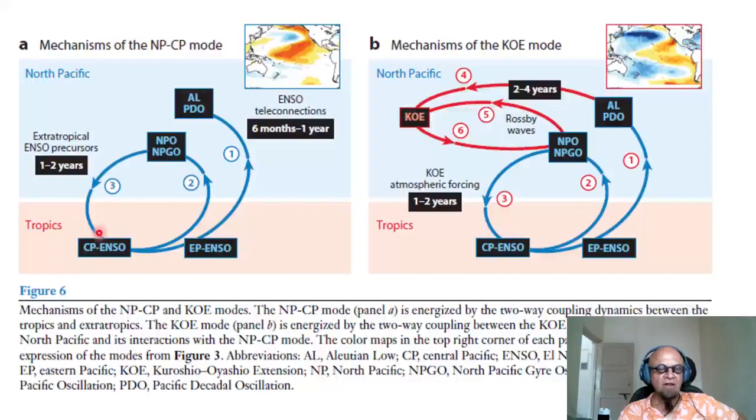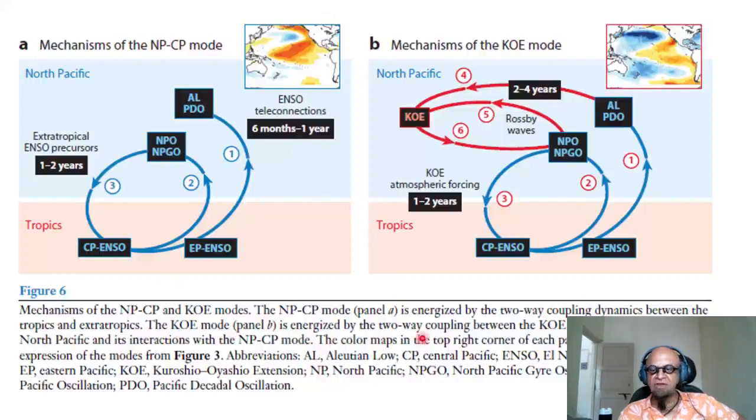Lots of work, lots of ideas, but synthesizing them into one picture, especially for low frequencies, is very tricky. So in the tropics, from the North Pacific, you have NPO and PGO feeding into CP and so, or to EP and so, and back to the Aleutian Low and PDO. So ENSO teleconnections 6 months to 1 year.